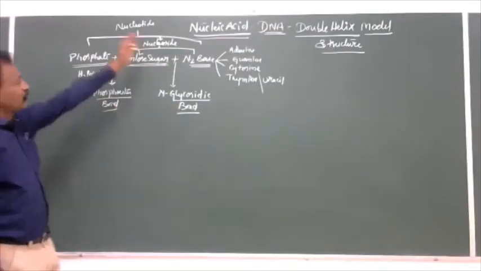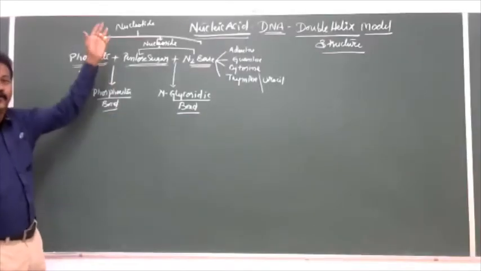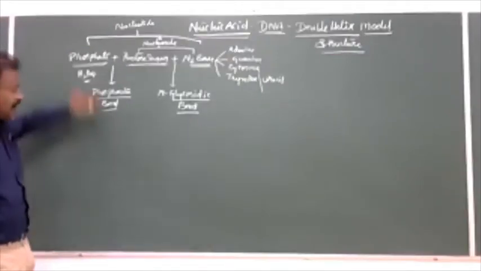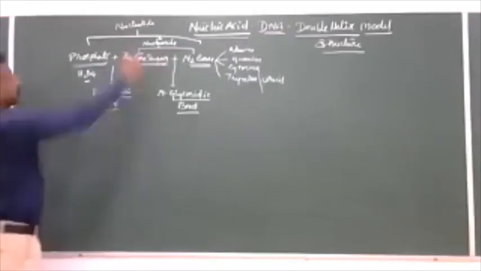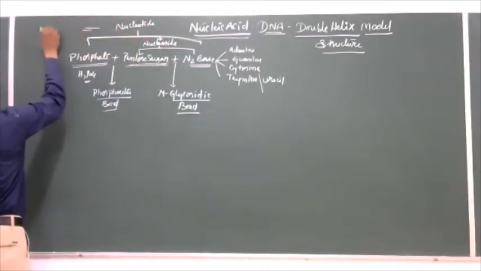So a nucleic acid has many nucleotides like this, arranged end to end, one above the other. This total one nucleotide is equal to one monomer.